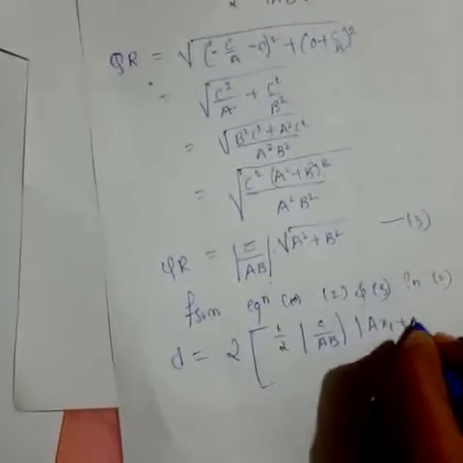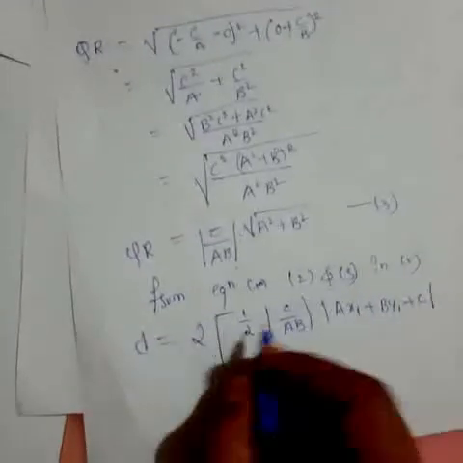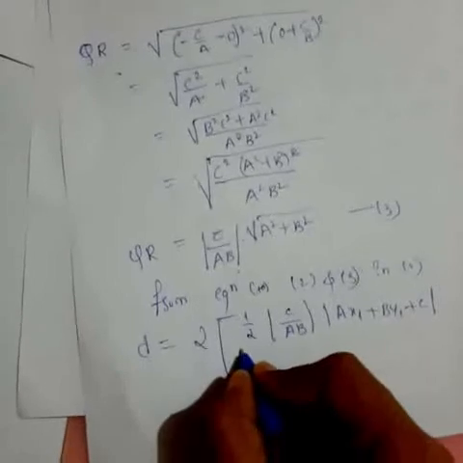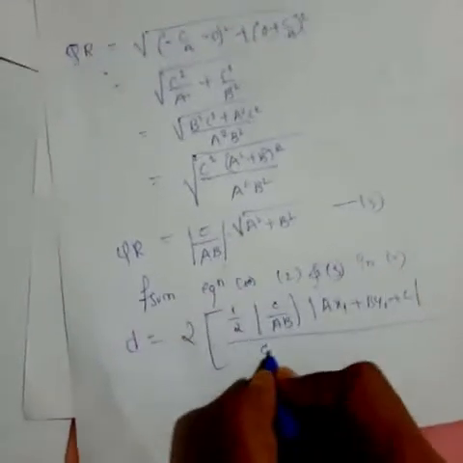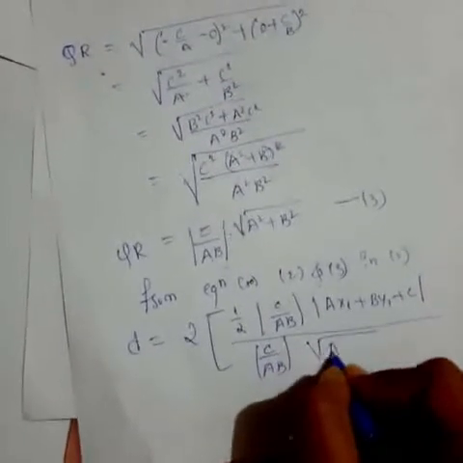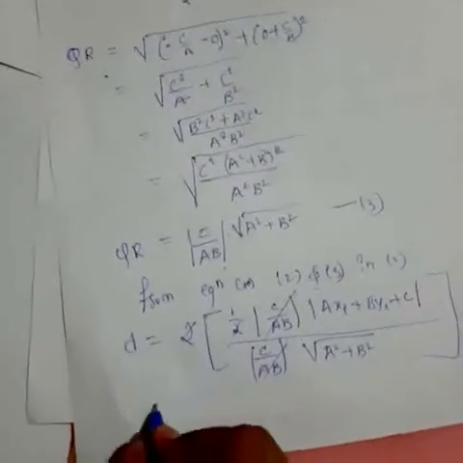(a x1 plus b y1 plus c), and divided by what? QR value is what? c by ab into square root of a square plus b square. In this one, 2 and 2 get cancelled.